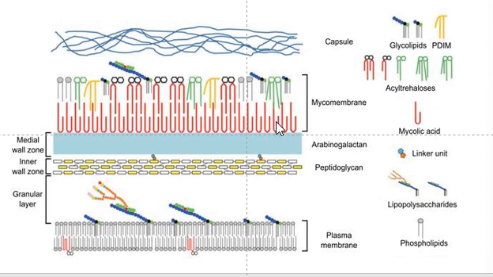Now this galactan connects these two layers, and it maintains the rigidity, making them very strong. It binds them with a bond called a covalent bond.